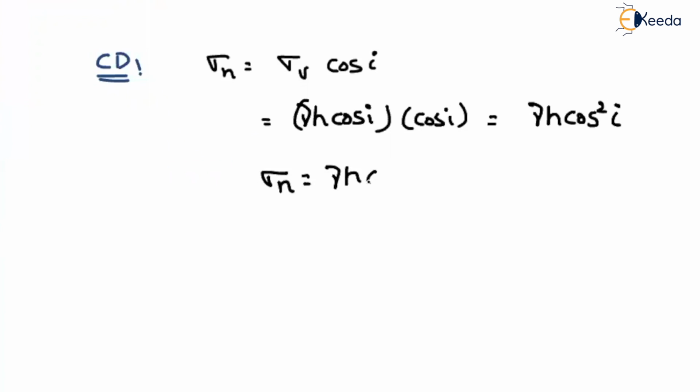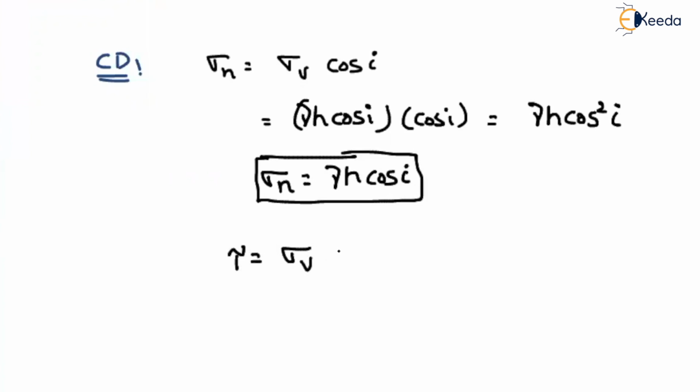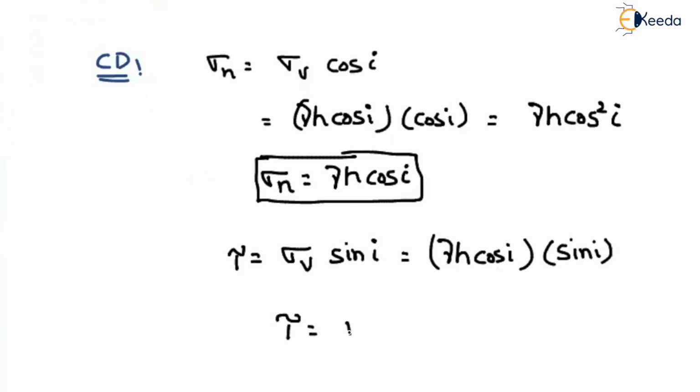Similarly, what about the shear stress acting on the plane CD, which I am representing with tau? That will be found as sigma V sine I. So if you replace sigma V here, that will be gamma H cos I into sine I. Then you get the shear stress equal to gamma H cos I sine I.